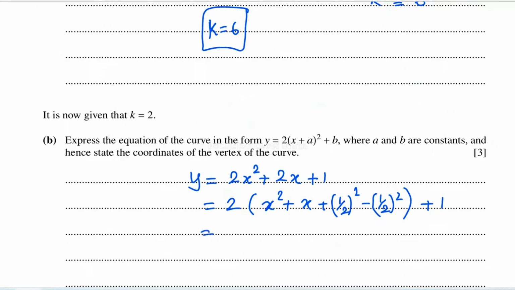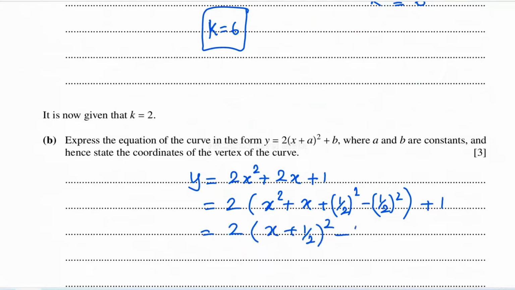So 2 multiplied by x plus 1 over 2 the whole square. Take out this negative 1 over 2 the whole square. You will get negative 1 over 4.